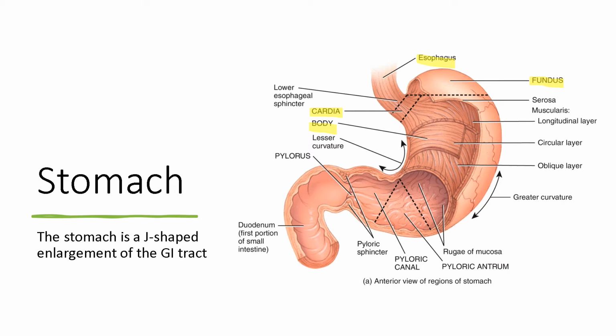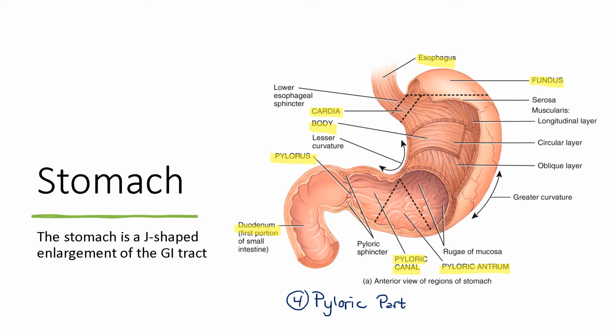And then our fourth section of the stomach, we call the pyloric part. And the pyloric part has three regions itself. So the pyloric part is made up of the pyloric antrum, the pyloric canal, and the pylorus. And then the pylorus will empty the stomach into the duodenum.